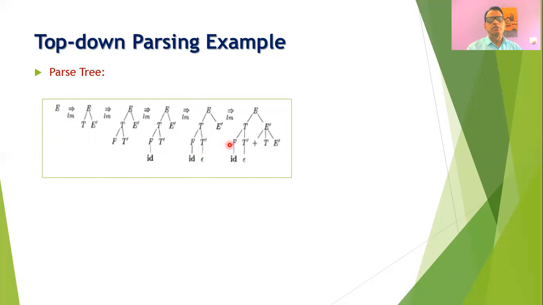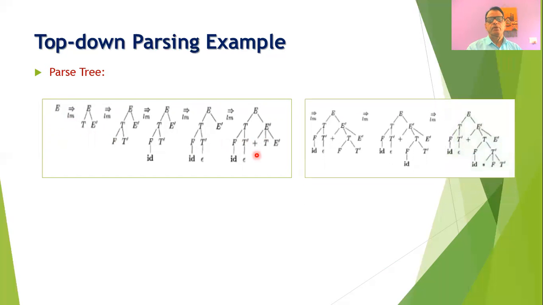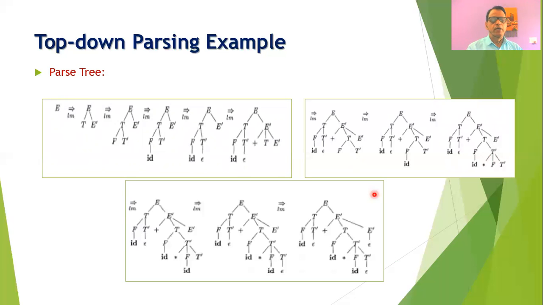Then we will replace E dash by plus TE dash. Then we will replace this E dash as T, and T is replaced by FT dash. Then we will replace F by ID. Then we will replace this T dash by star FT dash. So we go on doing it.